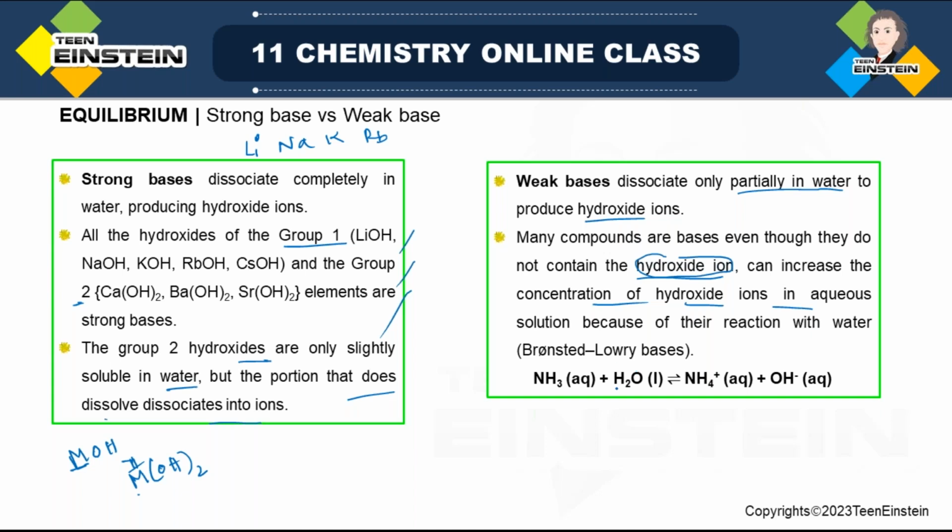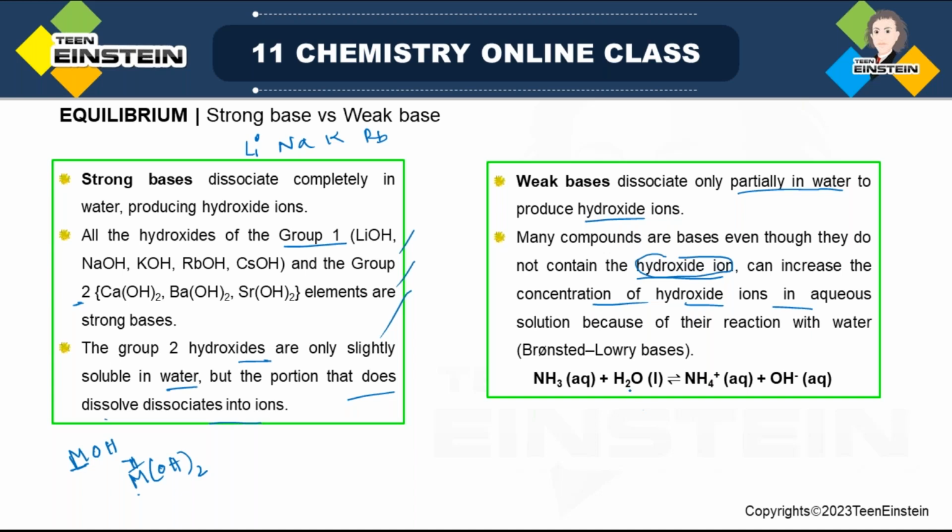Because if you consider Lewis bases, they are basically electron pair donors, and in the Arrhenius definition, bases are basically HO- producers. But that we are not considering here. We are focusing on Bronsted theory, where bases can capture H+. So if a species can capture H+, you can call it a base.